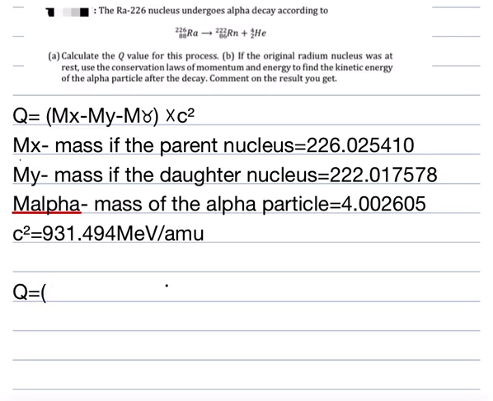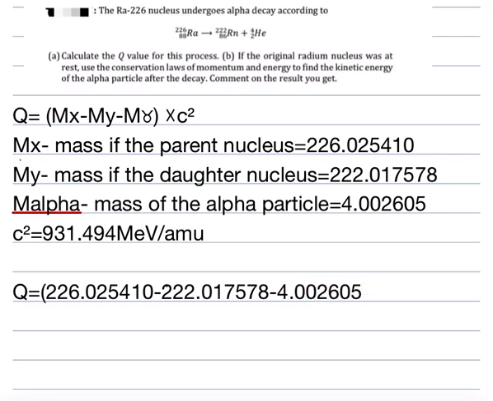Q equals (226.025410 minus 222.017578 minus 4.002605) times 931.494 MeV per AMU.